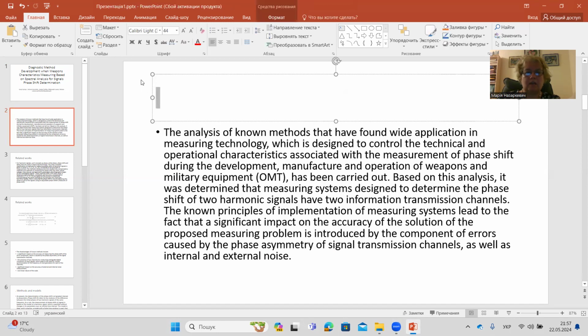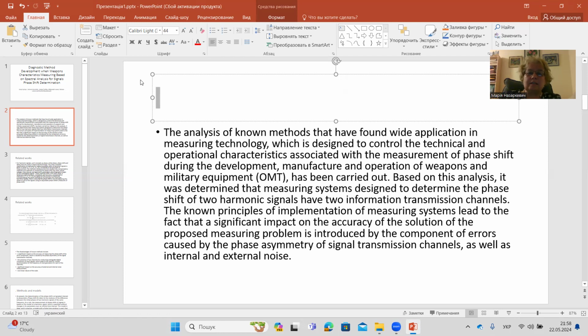Actuality. The analysis of known methods that have found wide application in measuring technologies, which are designed to control the technical and operation characteristics associated with measurement of phase shift during the development, manufacture, and operation of weapons and military equipment, has been carried out.